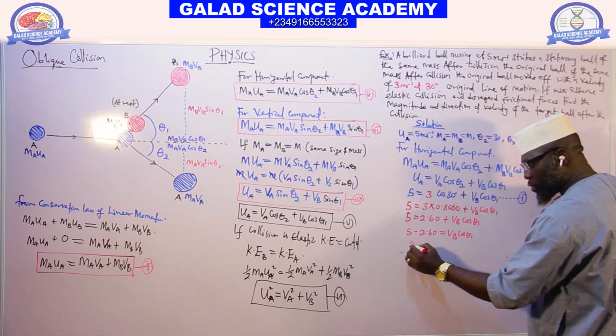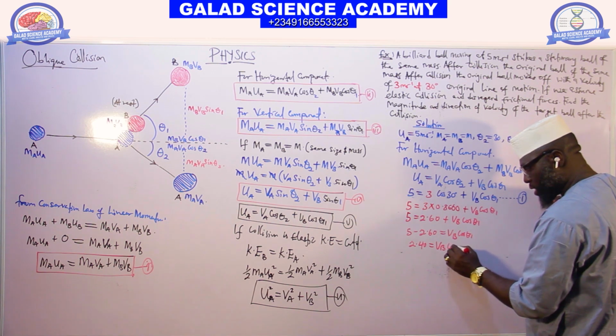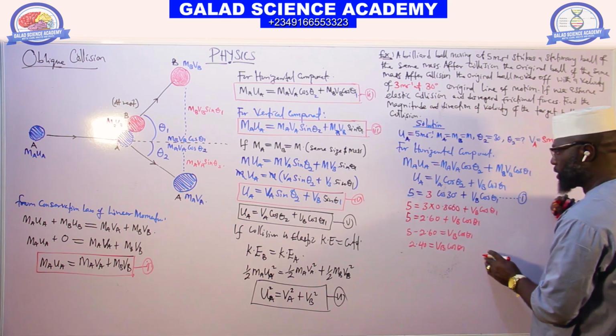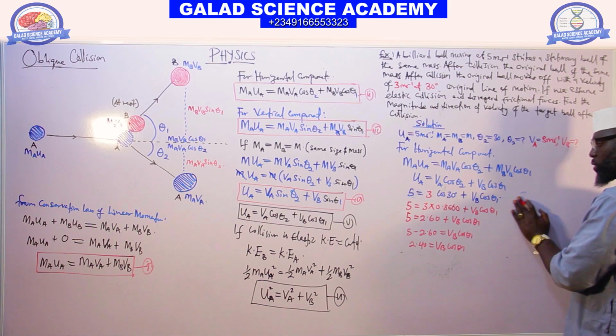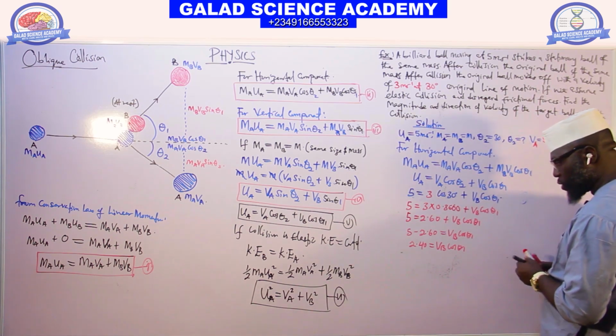You now have 2.40 equal to VB cos theta 1. So this one will be equation 1.